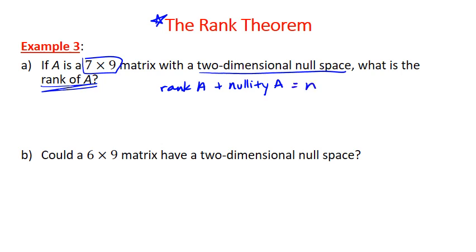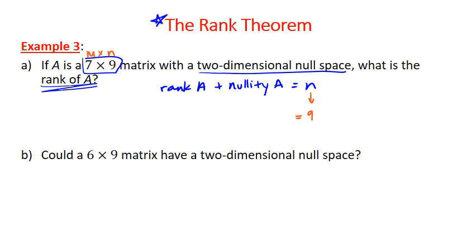Okay, so let's think about what we know. Matrix A is a 7 by n matrix. So this is the number of rows and columns. A lot of times we say m by n, an m by n matrix, and that's what the theorem says. So we know that n is 9.